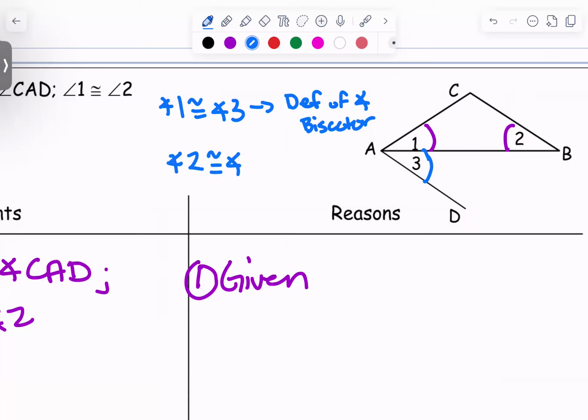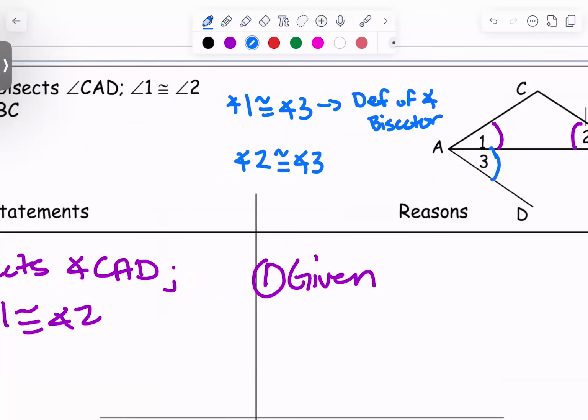Are they congruent right now? Is angle 2 congruent to angle 3? Yes? Why? Because of the transitive property. Because we're given the fact that angle 1 is congruent to angle 2, right?